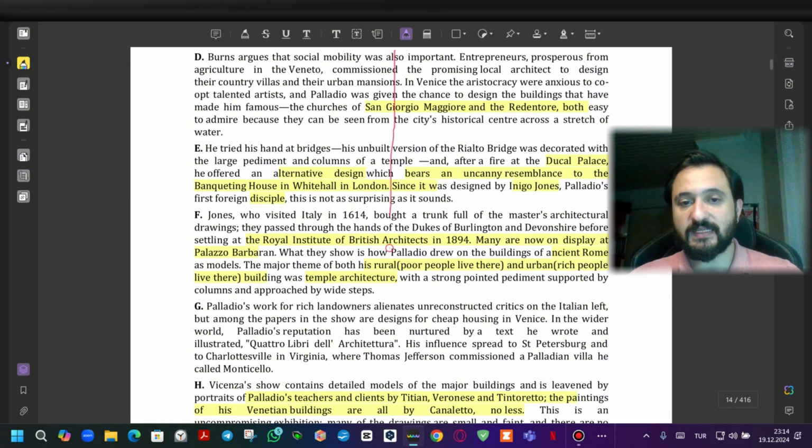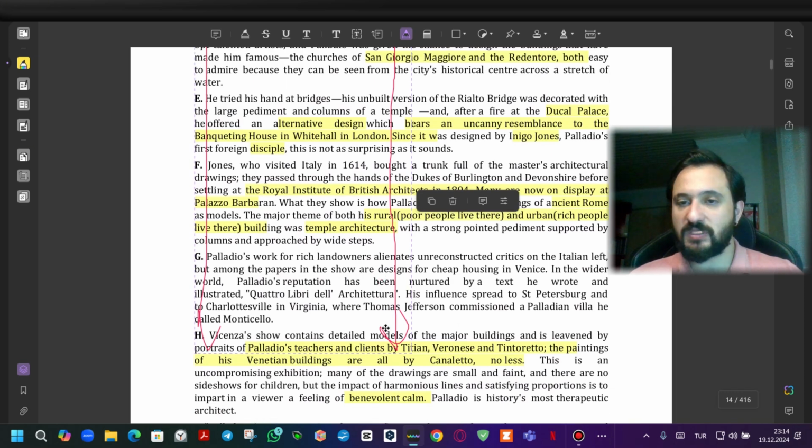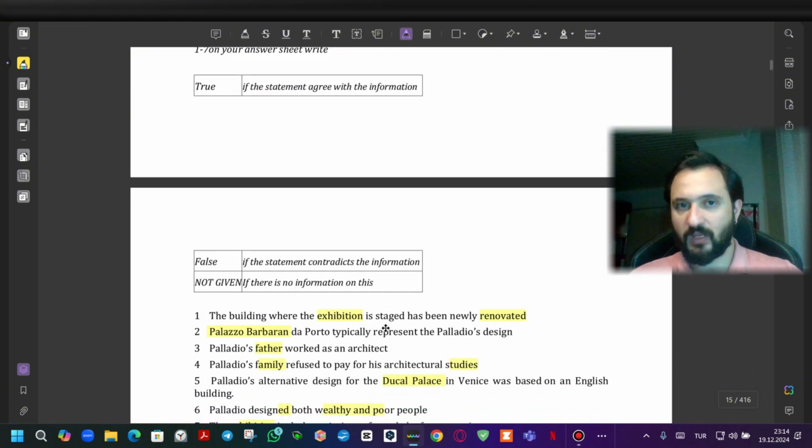You can scan the text from the middle or from the beginning, whichever is easiest. Generally, I scan the text from the middle part, then come to the end very fast. No need to spend more than 10 seconds. That is enough. And come to the questions.